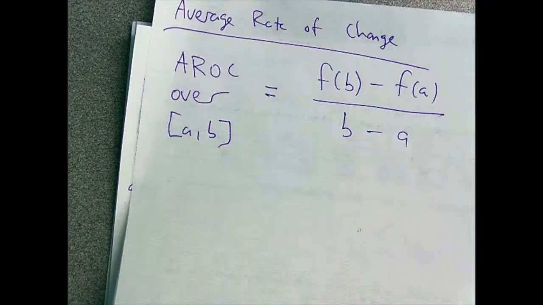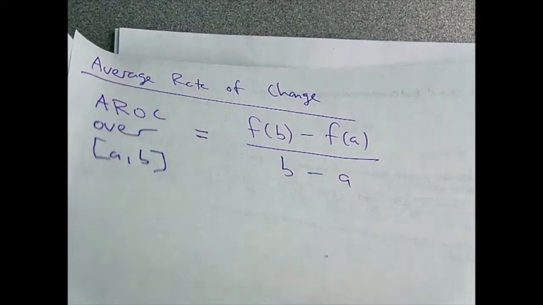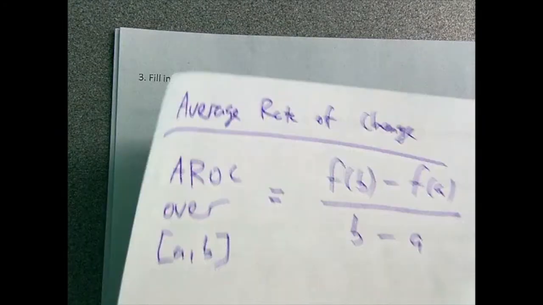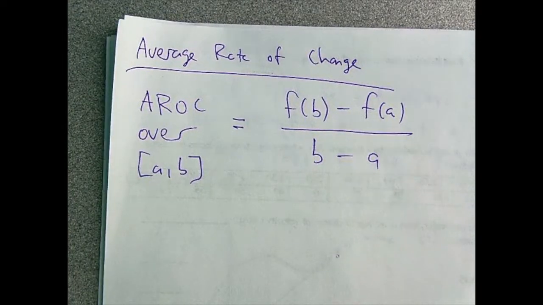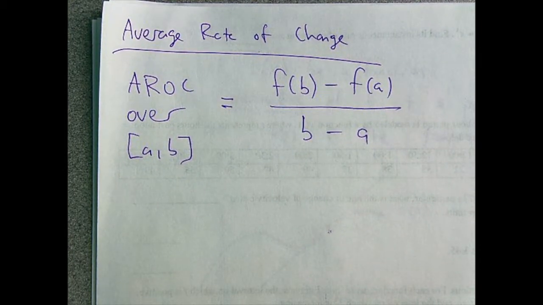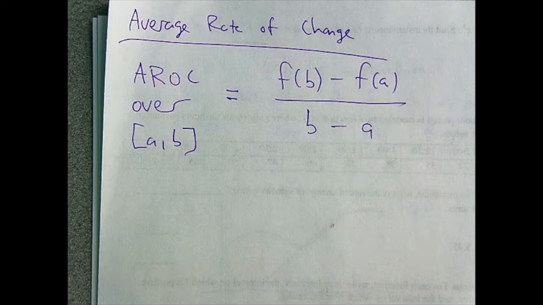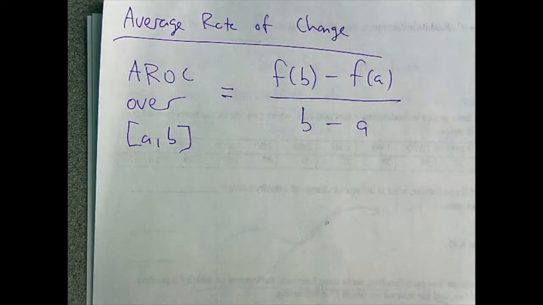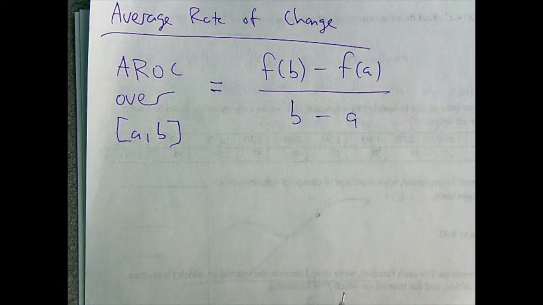Now, what I want to say is the following. I'm going to give you a different definition of the derivative. I told you previously that the derivative of a function at a point was the slope of the tangent line at the point, and that's true.